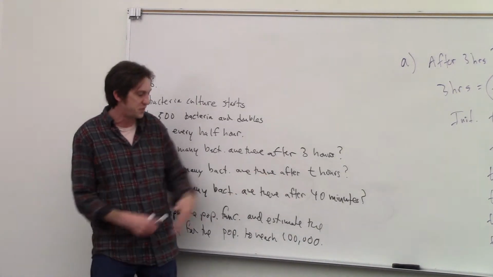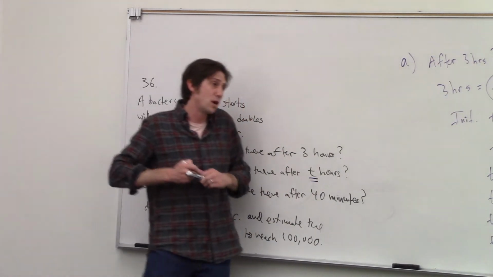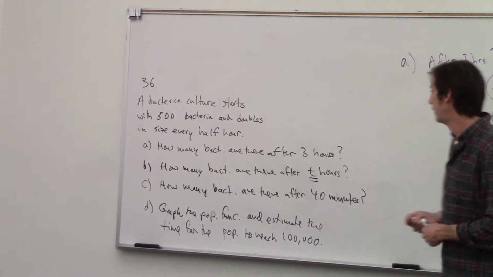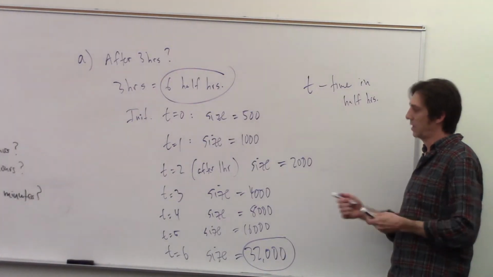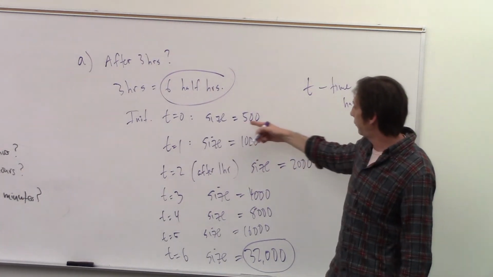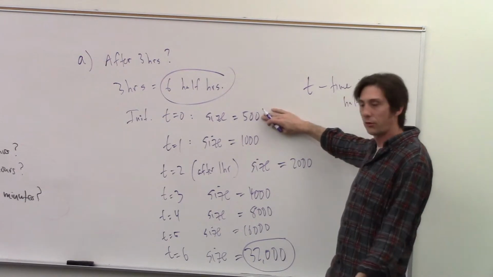Question B says, how many bacteria are there after T hours? And here I'm trying to come up with a formula, a function, a population function. Maybe I can notice a pattern with what I've written here. When T is 0, the size of the population is 500. That's the initial size.